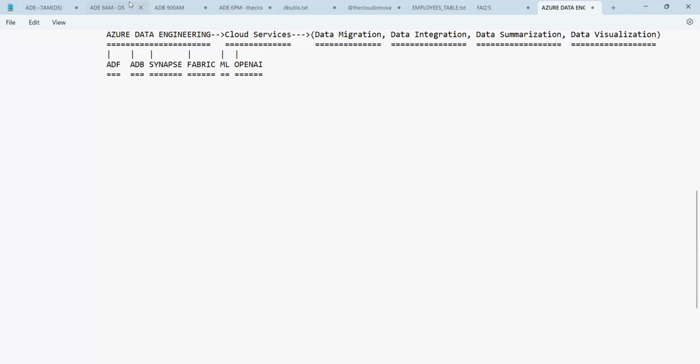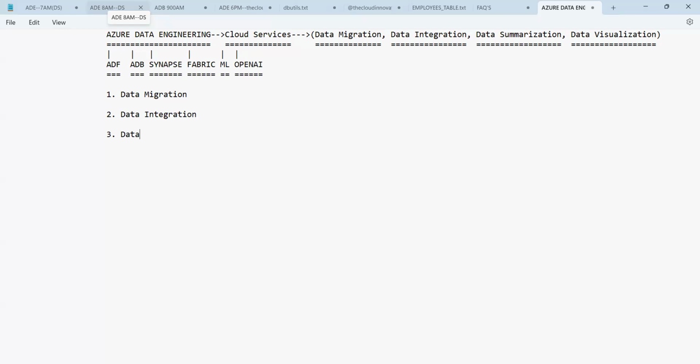When we talk about it, I'm just writing it here. The first one is data migration, and the second one is data integration.